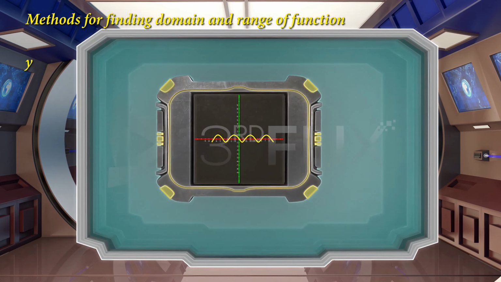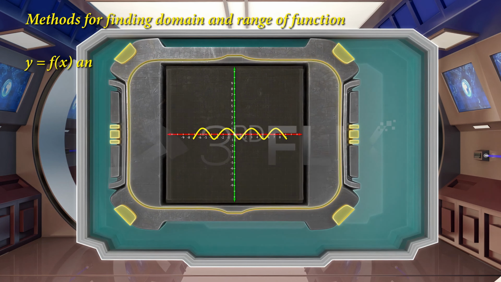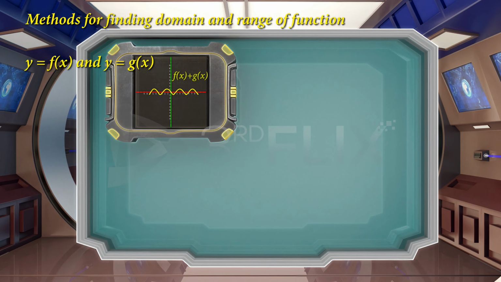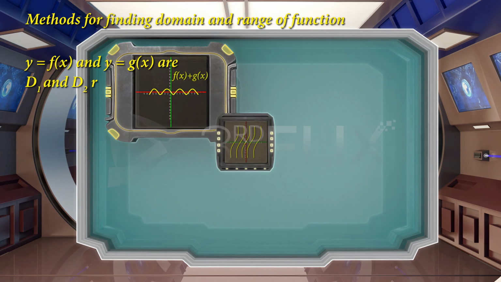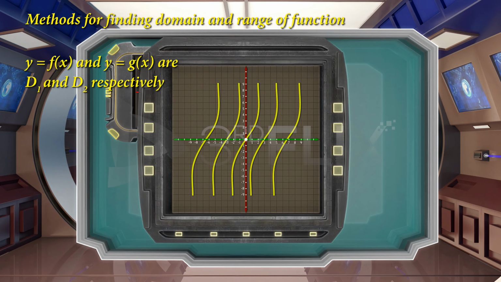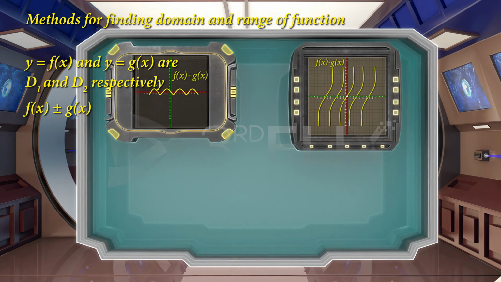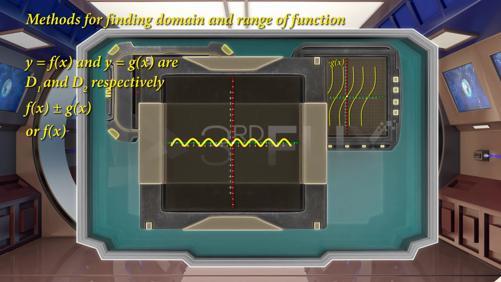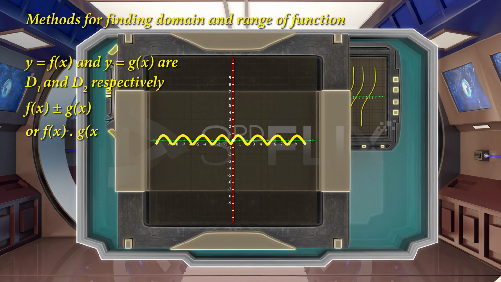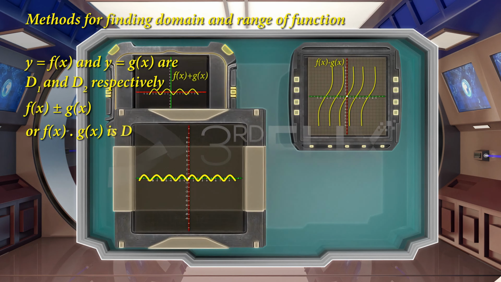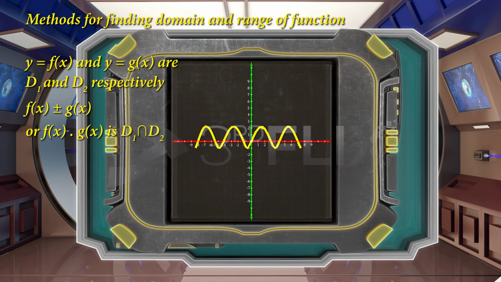If the domains of y equals f of x and y equals g of x are D1 and D2 respectively, then the domain of f of x plus or minus g of x, or f of x multiplied by g of x, is D1 intersection D2.